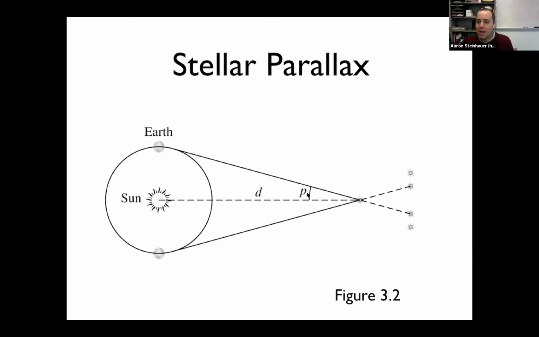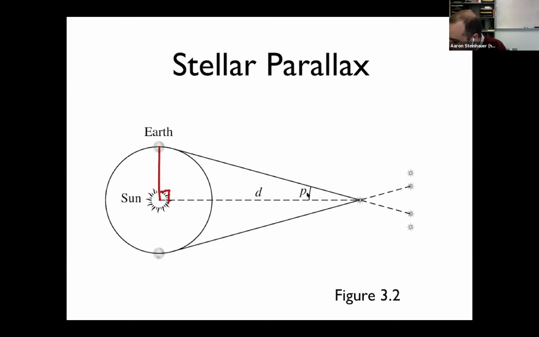So when you talk about a parallax angle, you're really talking about half of the total distance that the star seems to move along the major axis. Why do we do it that way? We do it that way so that we get this triangle, where one of these, we know that, so we've got a right triangle now.